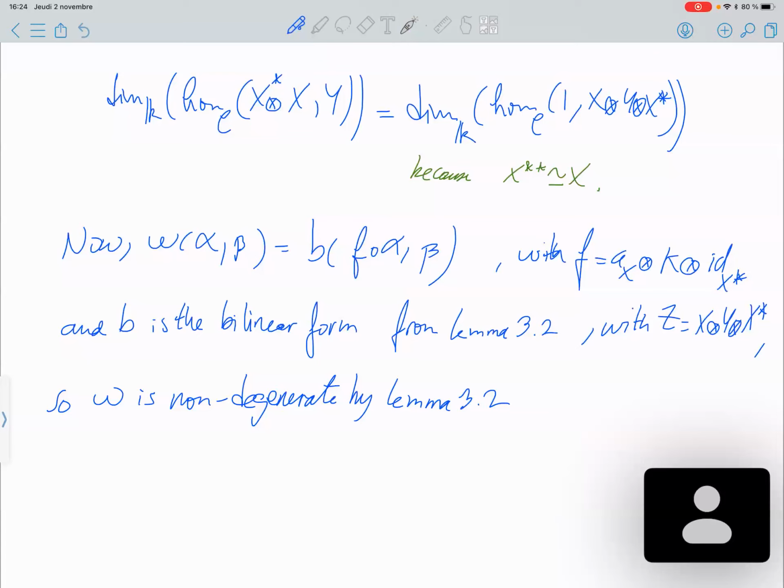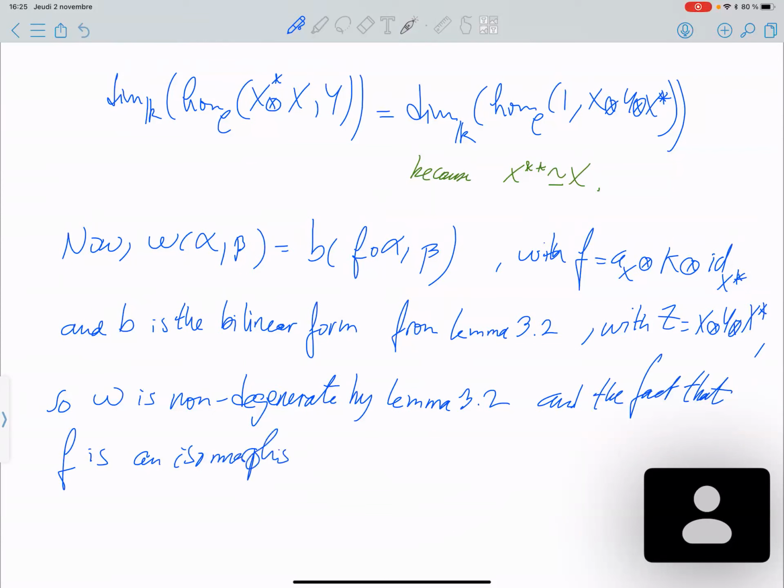You have this basis, etc., with Kronecker delta. So the non-degeneracy was automatic. And the fact that F is an isomorphism. F is an isomorphism. So this pivotal structure is an isomorphism, identity is an isomorphism, and kappa.